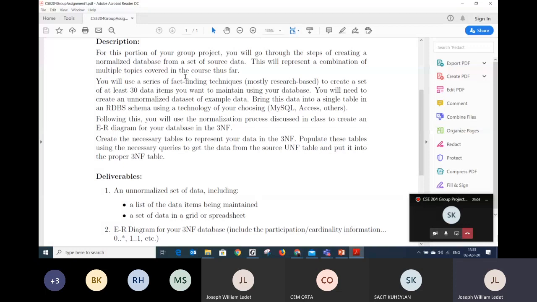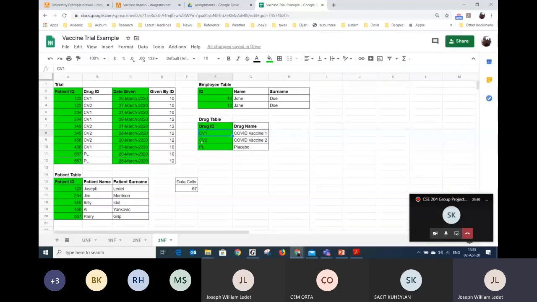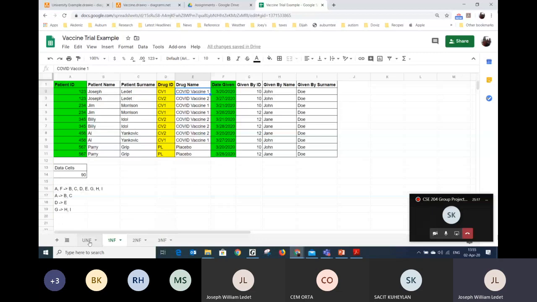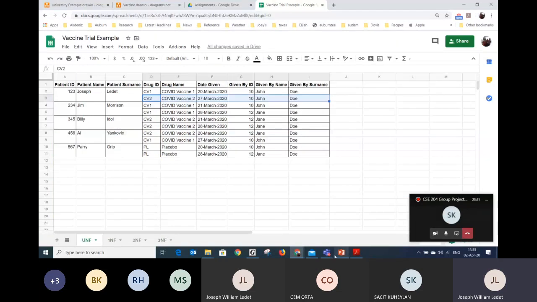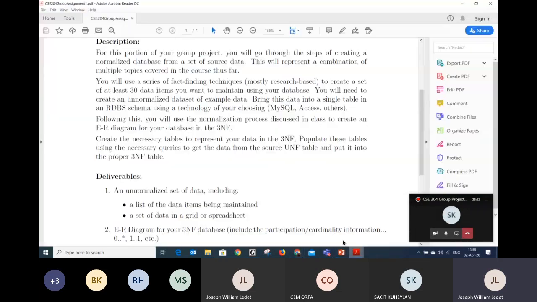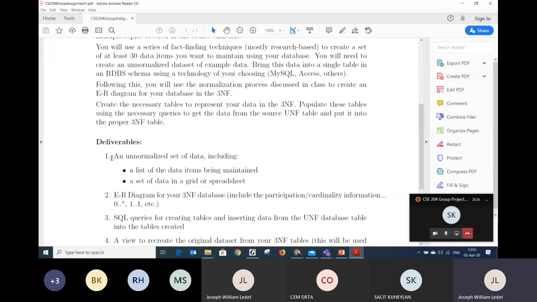All right. So what I want you guys to do is follow a similar process to what we did here. I want you to start off with this UNF, or first normal form, database, and you're going to give that to me. You're going to show that in some type of list of data items, a set of data in a grid or a spreadsheet.